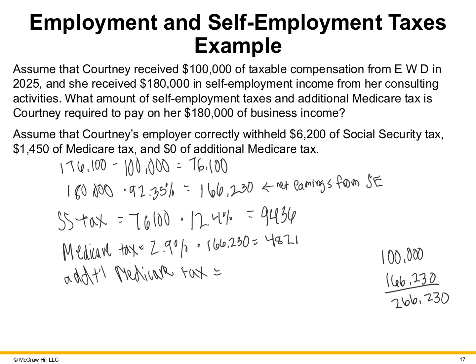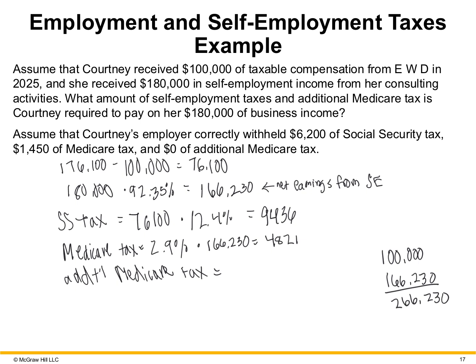Then, to continue the calculation for additional Medicare tax, we want to multiply 0.9% by the greater of 0 or the sum of the taxable compensation and the net earnings from self-employment minus the threshold based on the filing status.